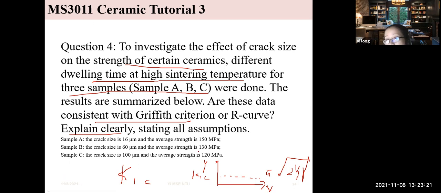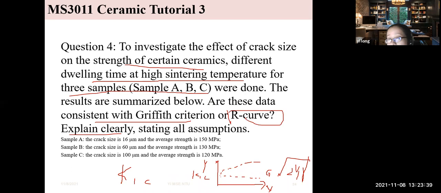But if you give different crack sizes and you find K1C is actually increasing, then this is no longer Griffith anymore. It is R curve.